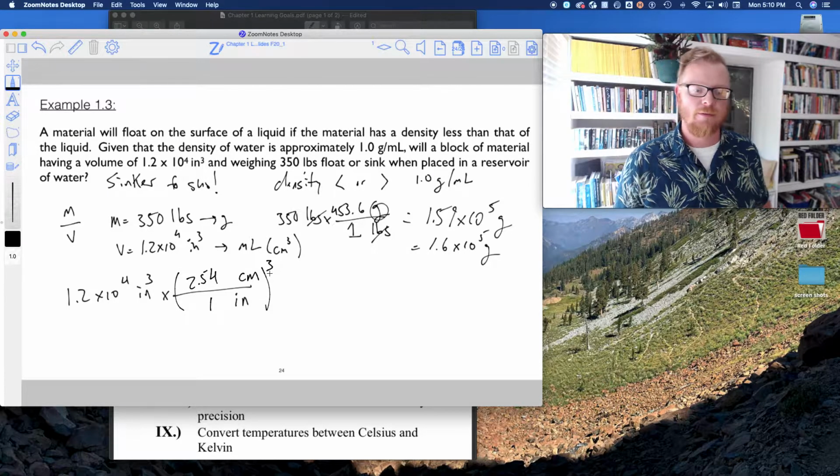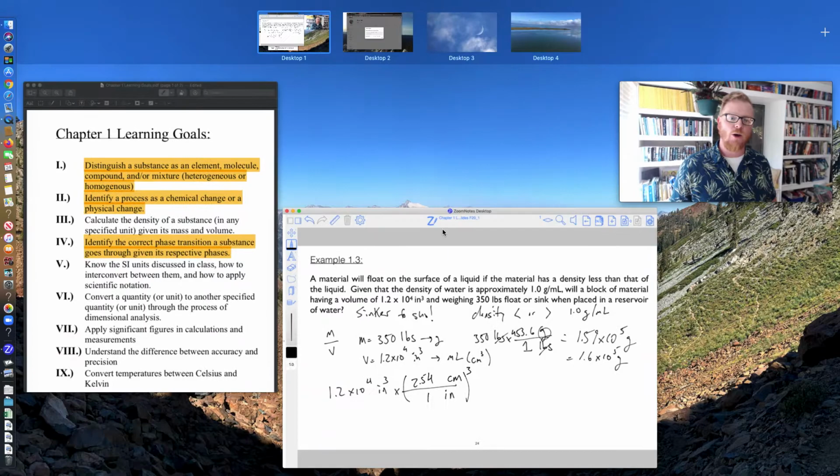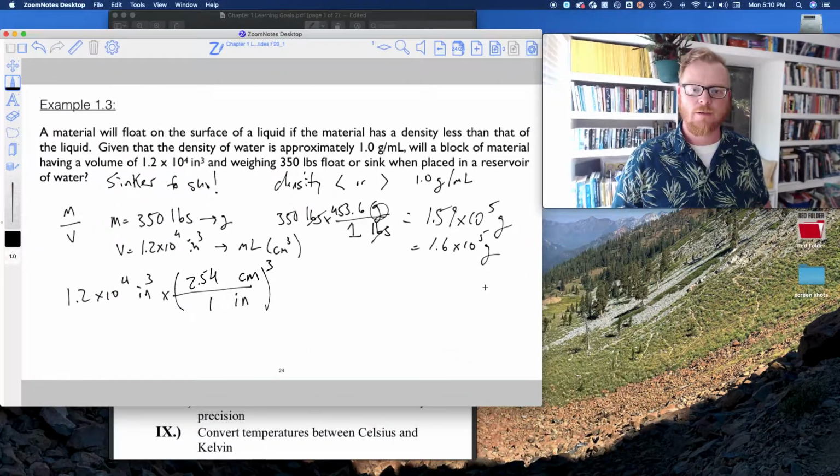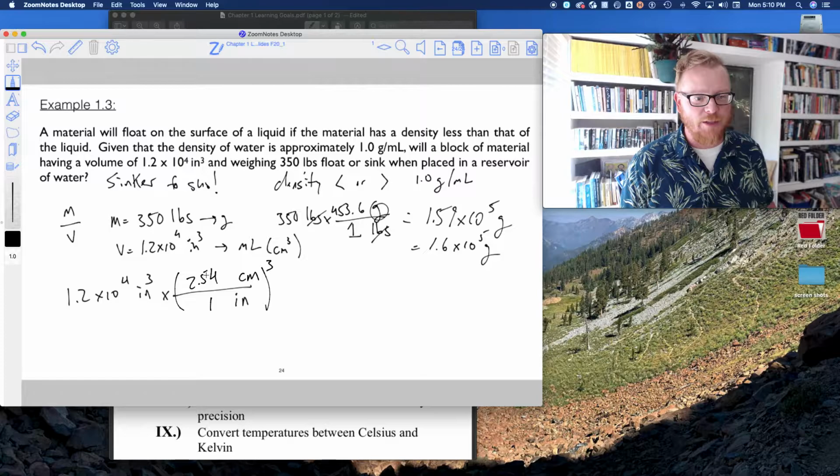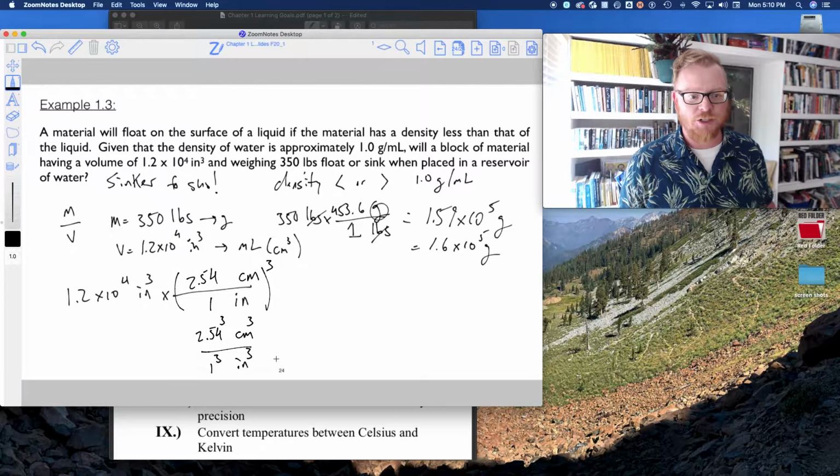Not only am I going to cube the units, but I'm also going to cube the number. So when I do that calculation, that's the same as saying 2.54 cubed centimeters cubed over 1 cubed inches cubed. That cancels out my cubic inches and my cubic inches.